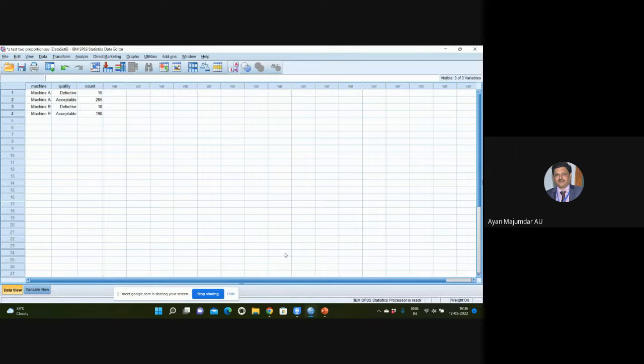Now, here also, we won't be able to calculate the Z-score directly, but it's a 2 sample test, so we will use another alternative.